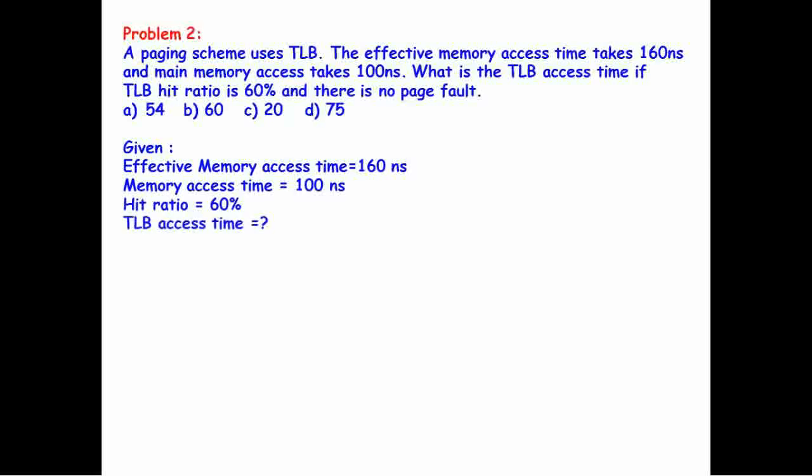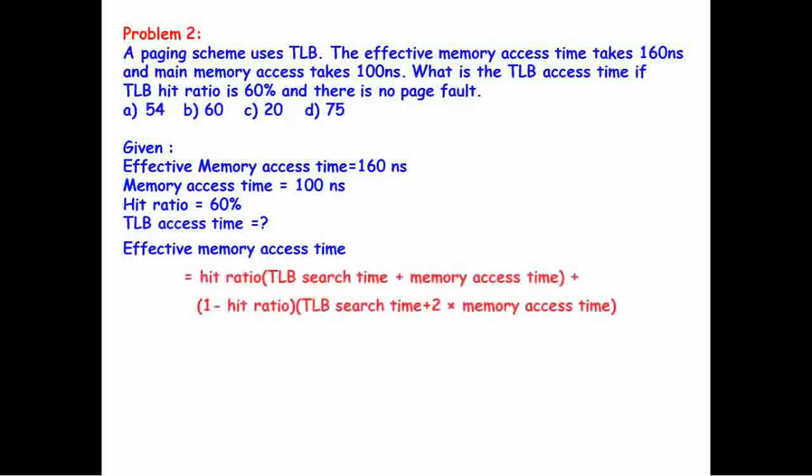We use the same formula. Effective memory access time is equal to hit ratio into TLB search time plus memory access time plus 1 minus hit ratio, the whole multiplied by TLB search time plus 2 into memory access time. So here hit ratio is nothing but 60 by 100. 60 by 100 will be 0.6.